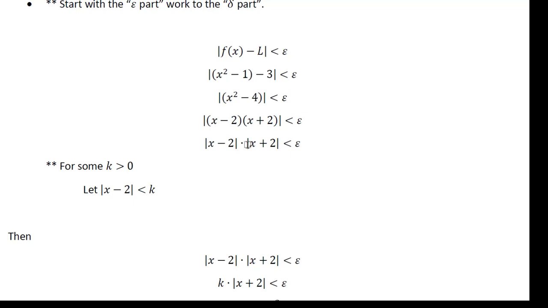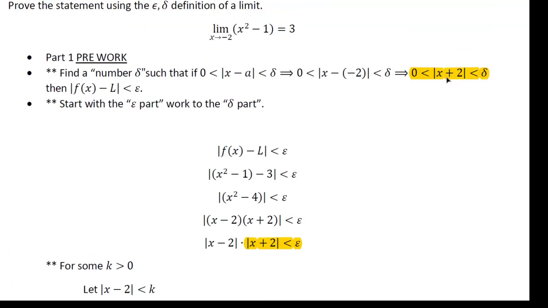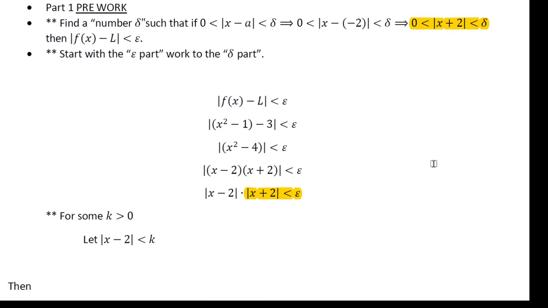Now remember, what we were trying to do is find some comparison for this delta of x plus 2, the absolute value. In this case, I have the situation of an absolute value multiplied by the absolute value of x plus 2. I'm not allowed to just divide the absolute value of x minus 2 to both sides of an inequality.